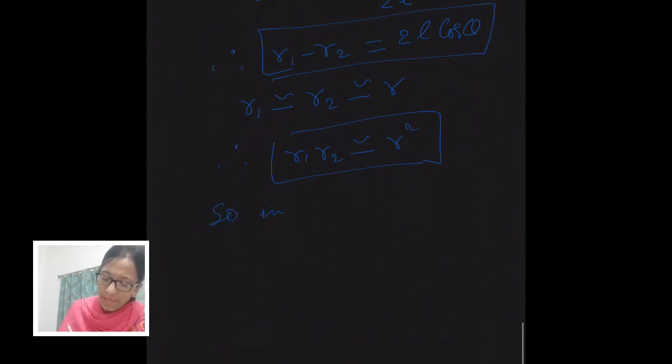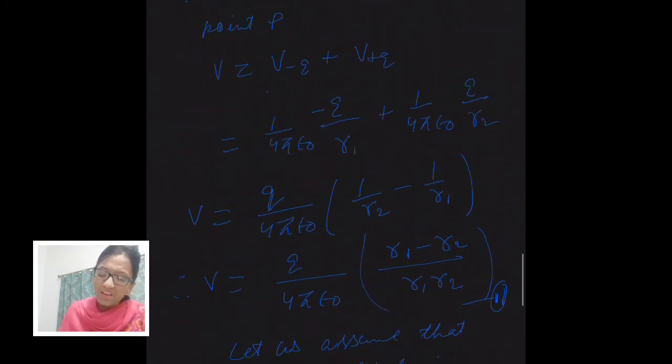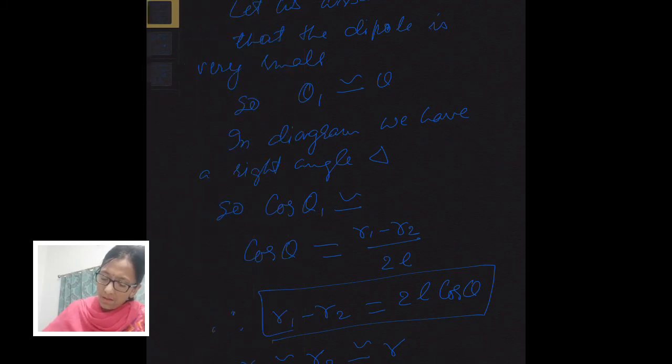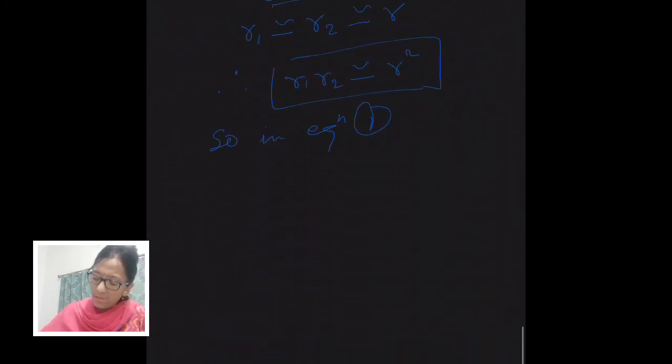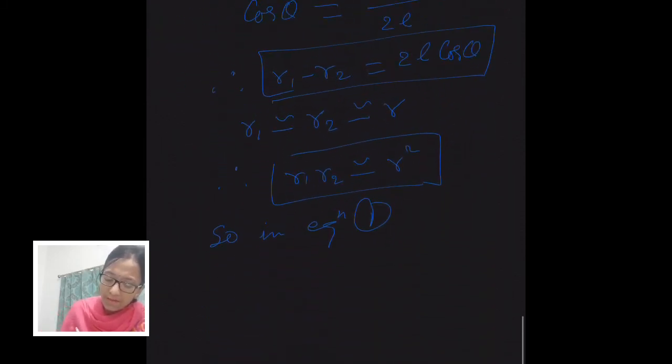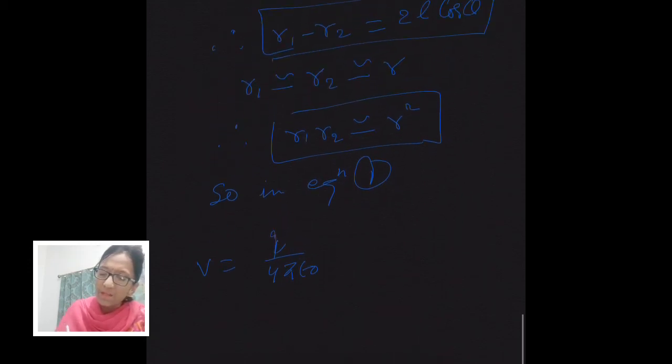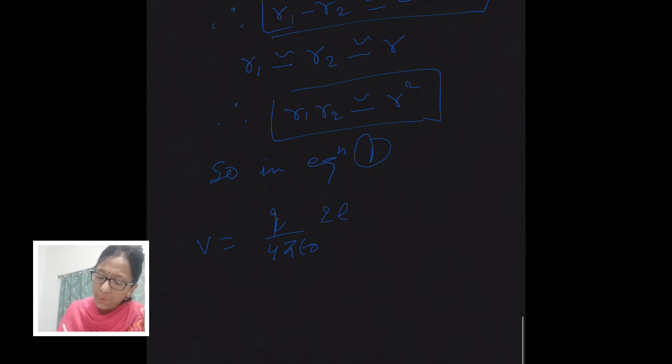So in equation 1, potential V is equal to 1 upon 4 pi epsilon naught, let me write q also here, 2L cos theta upon r square.